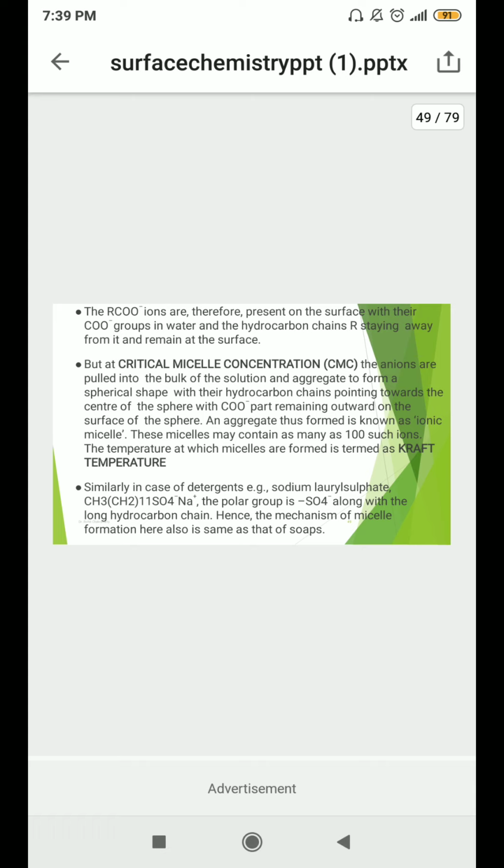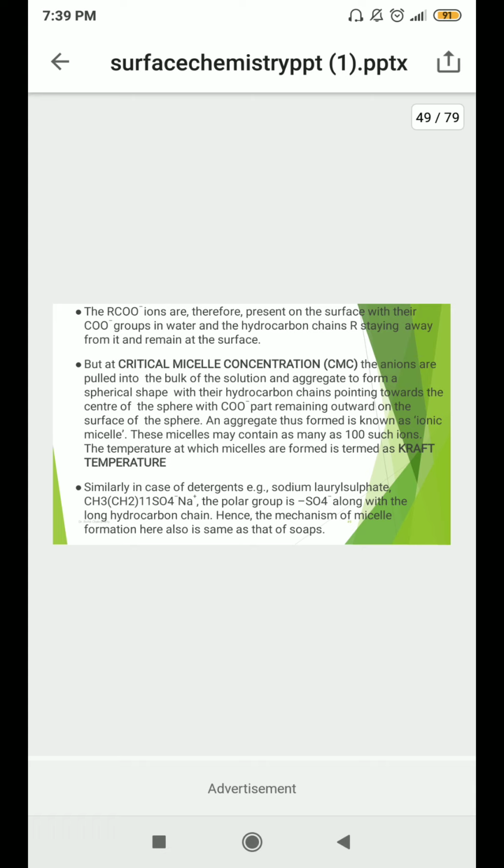An aggregate thus formed is known as an ionic micelle. This is the definition of ionic micelle, and these micelles may contain as many as 100 such ions. The temperature at which micelles are formed is termed the Kraft temperature. So this would be the definition for your Kraft temperature.